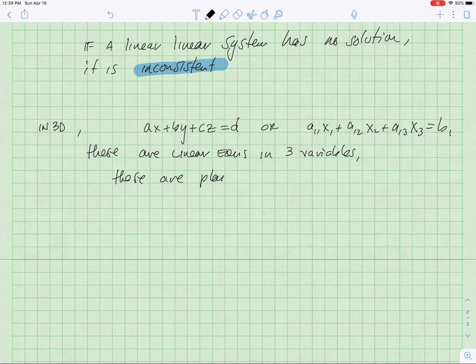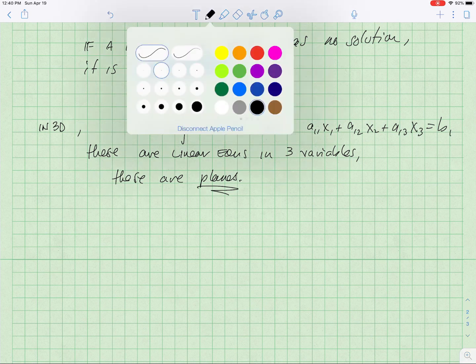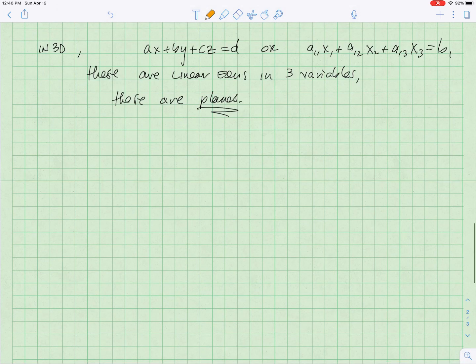These are planes, and they can interact in a few ways that lines can't. And I'm going to do my best to be an artist here, so bear with me, folks. I'm going to draw some planes.